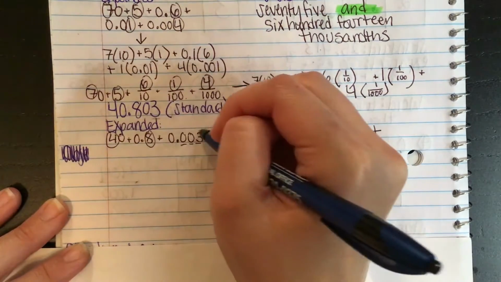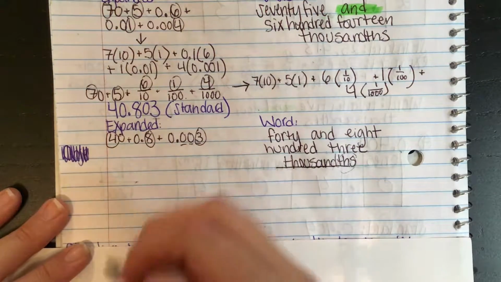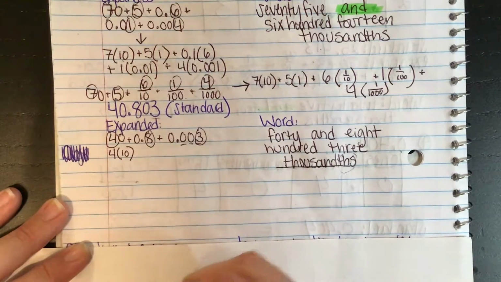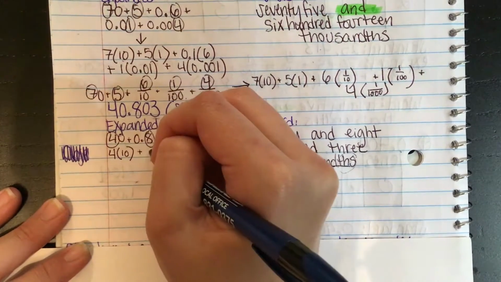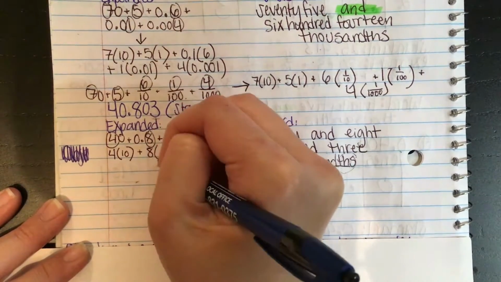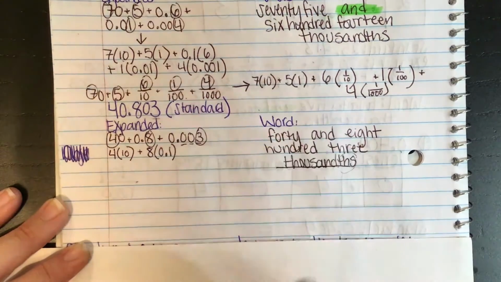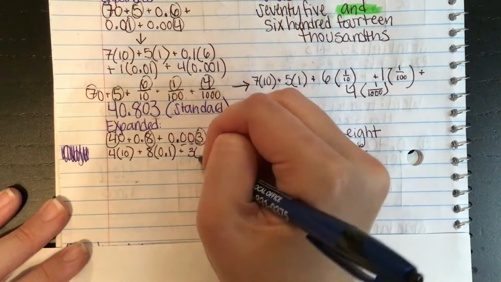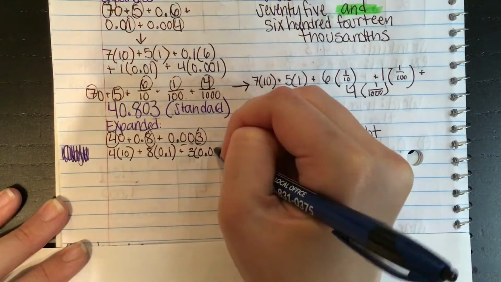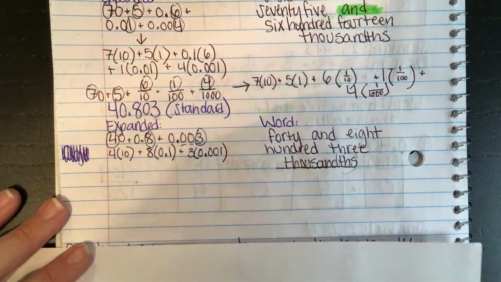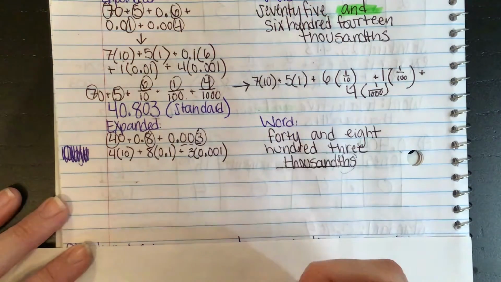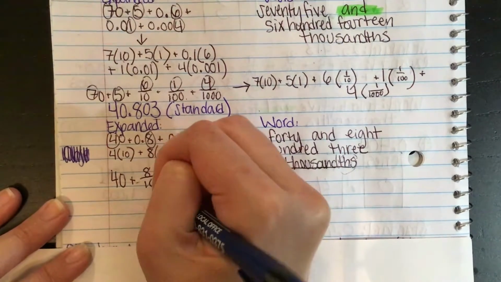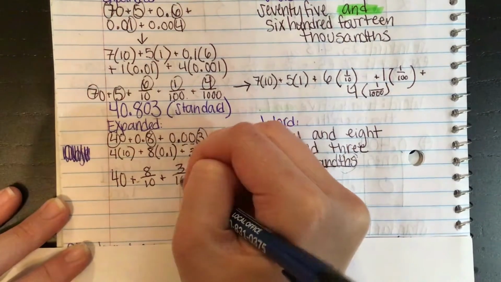The extra special second step would be to pull these numbers out. So 40 becomes 4 times 10. 8 tenths becomes 8 times 0.1. And 3 thousandths becomes 3 times 1/1,000th. And if you wanted the fraction version, we have 40 plus 8 over 10 plus 3 over 1,000.